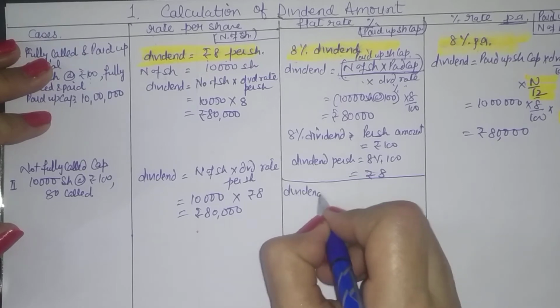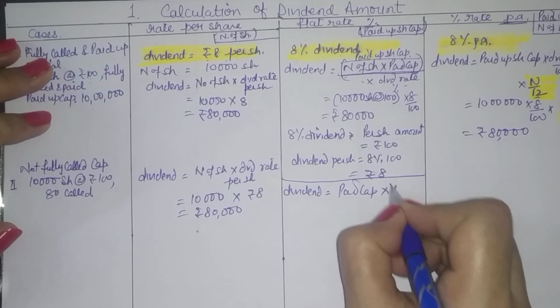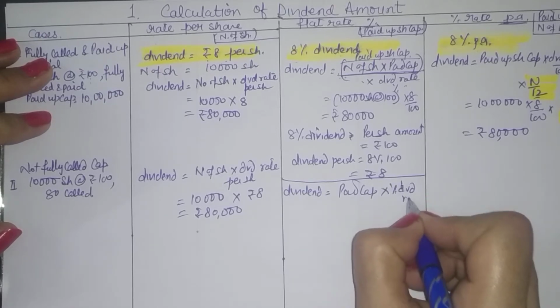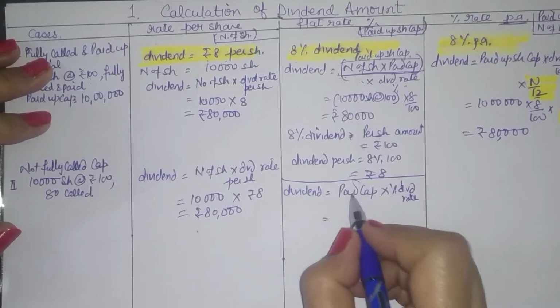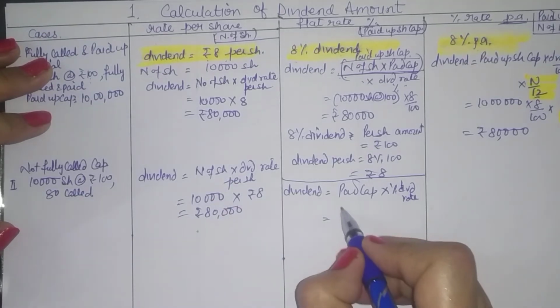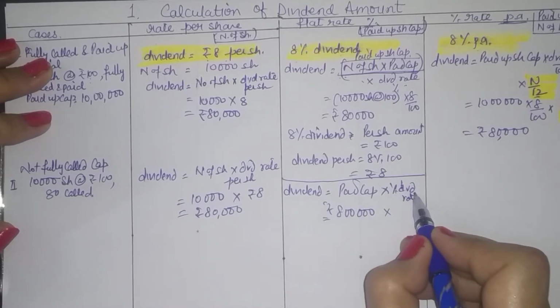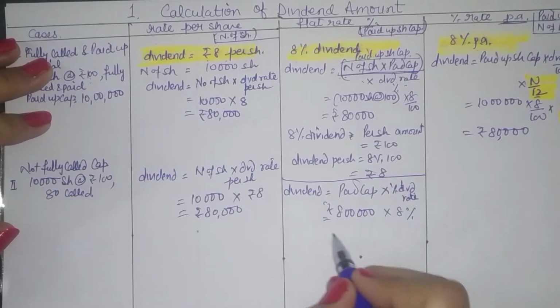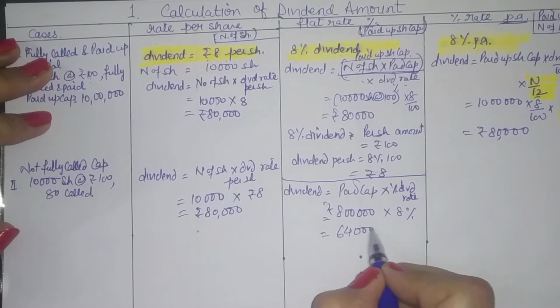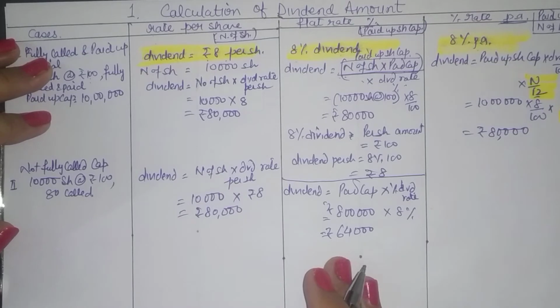Dividend is paid up capital into percentage dividend rate. So paid up capital herein is 10,000 shares of 80 rupees each, that means 8 lakh rupees. So dividend rate is 8%, so that gives you 64,000 rupees of dividend. So now your amount is going to be different.